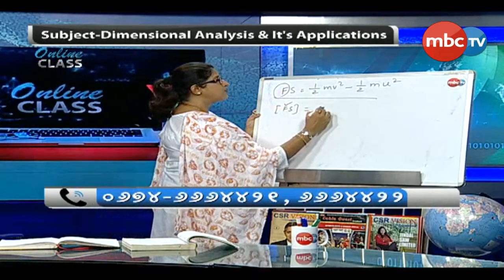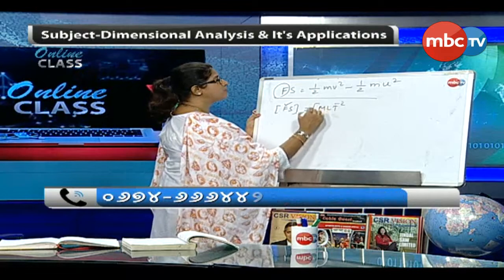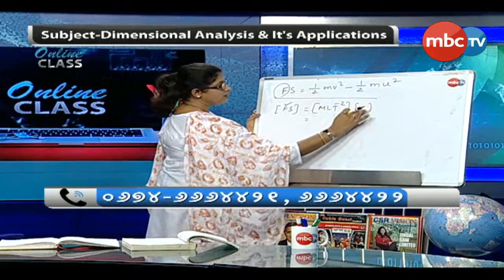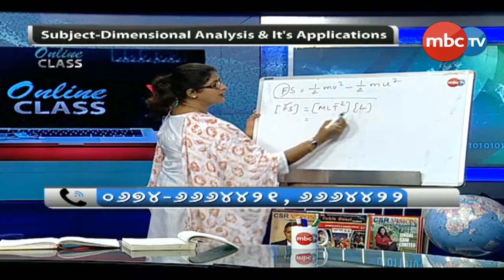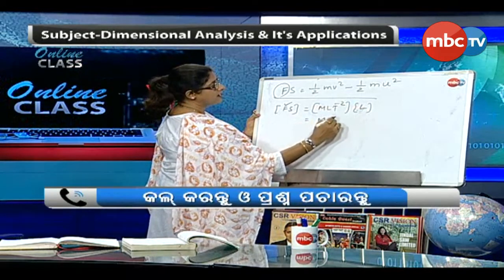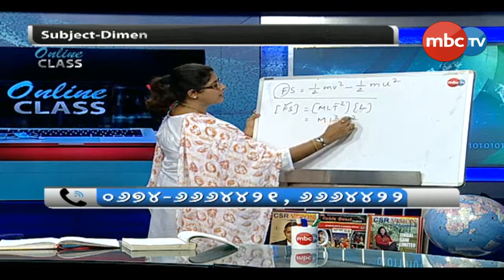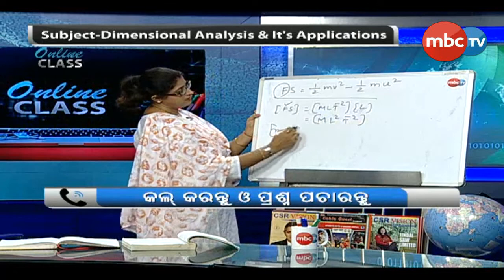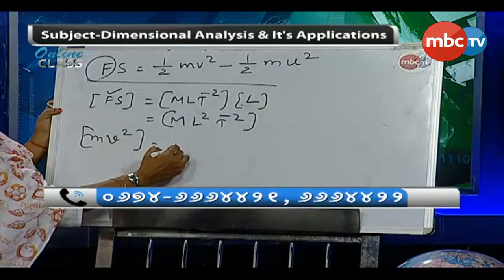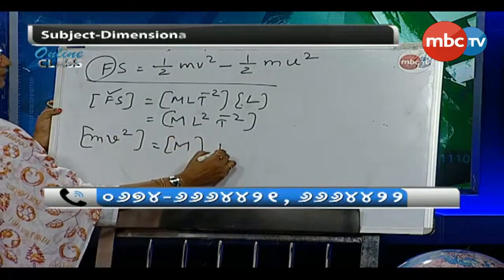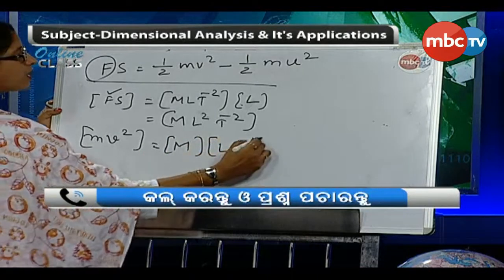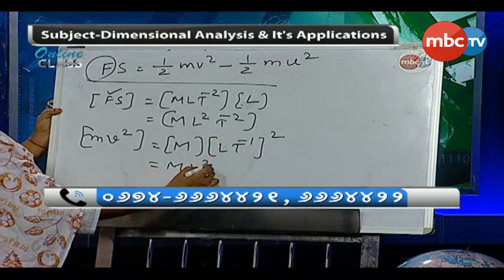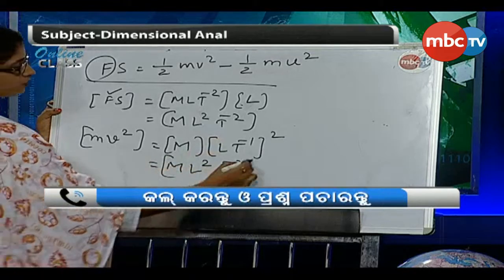The dimension of force is M L T minus 2, and s is L, so it's M L2 T minus 2. For mv square, V is velocity, m is mass, so velocity is LT minus 1 squared, so it's M L2 T minus 2.